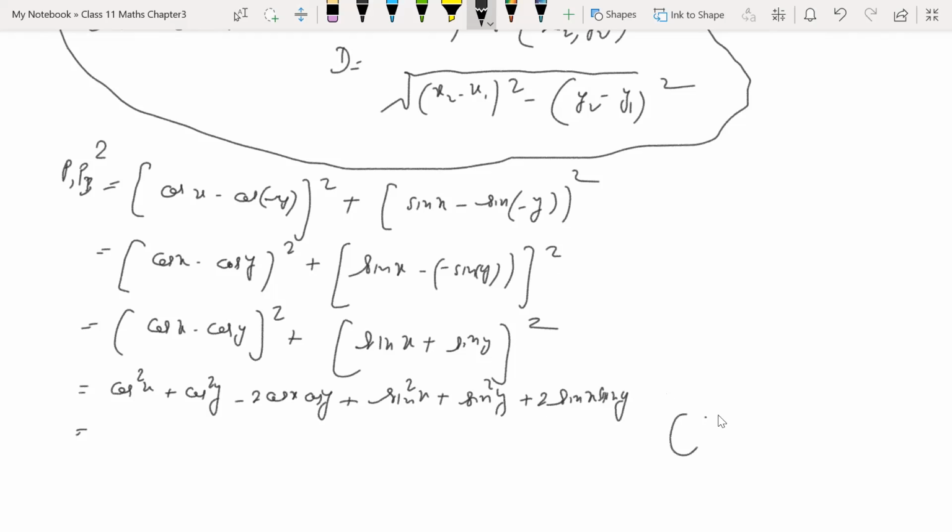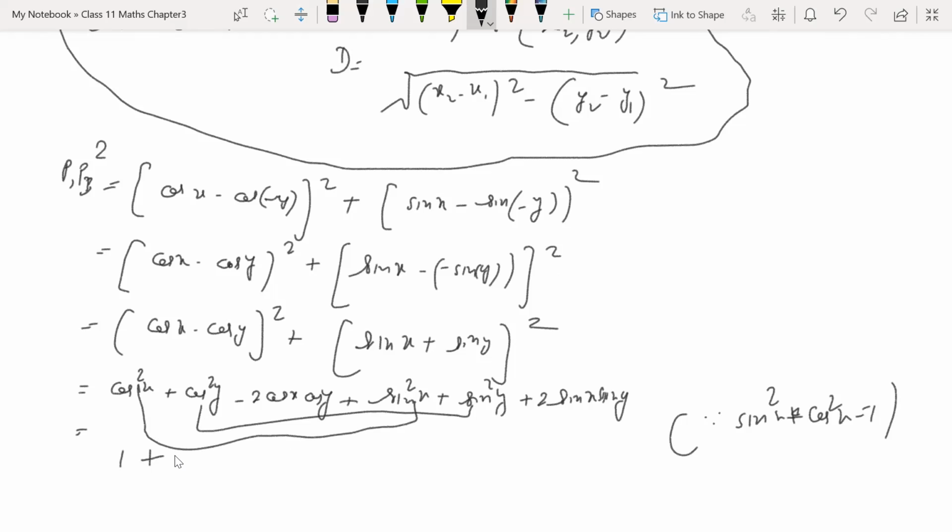Because we know that sin square x plus cos square x is equal to 1, we can write this and this as 1, and this and this again as 1.